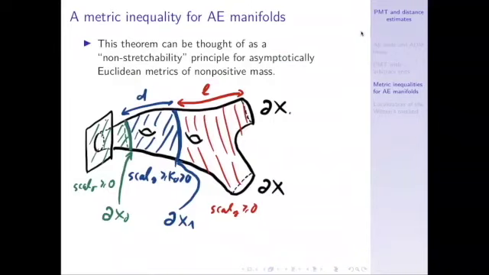Here is the picture. This region is X0, and this region is X1.